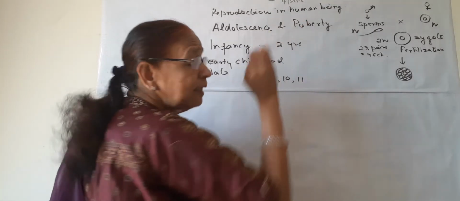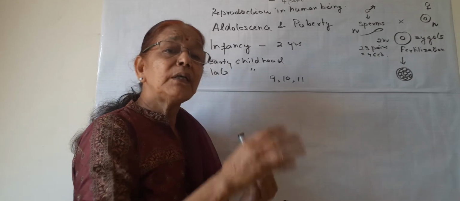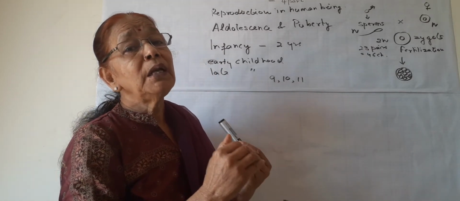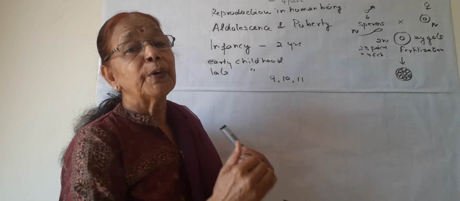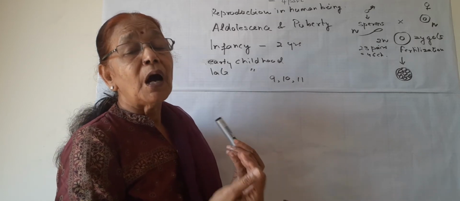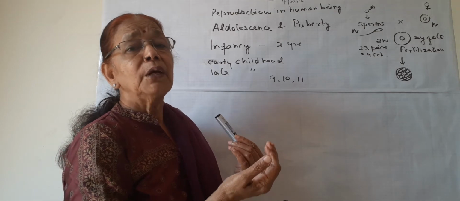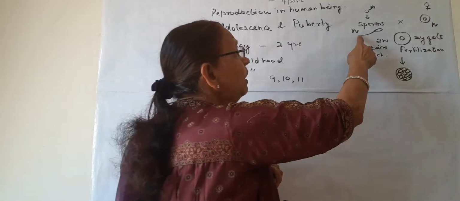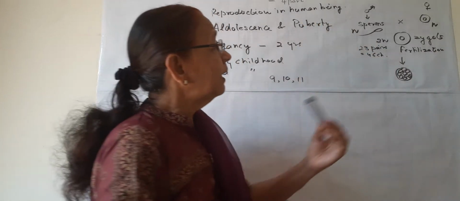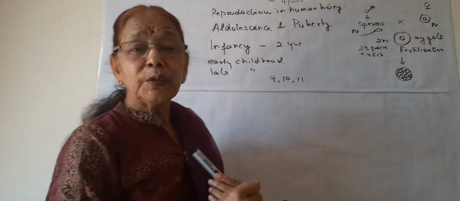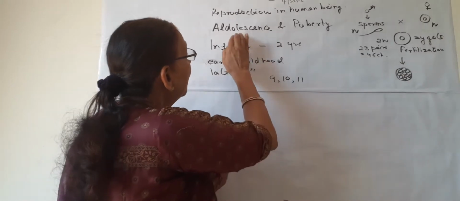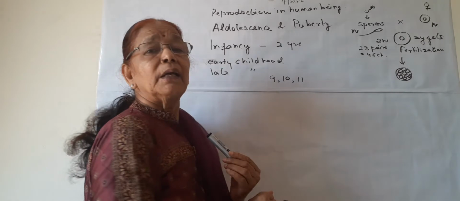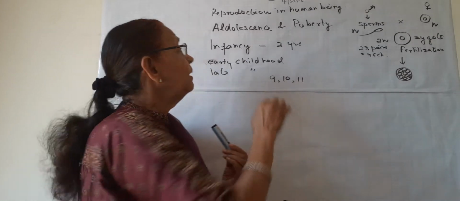So puberty is the changes involved in boys and girls for sexual or reproductive maturation. How will this sexual maturation be there? When they are capable to produce sperms and eggs. So this is puberty. The early years of adolescence are related with puberty.